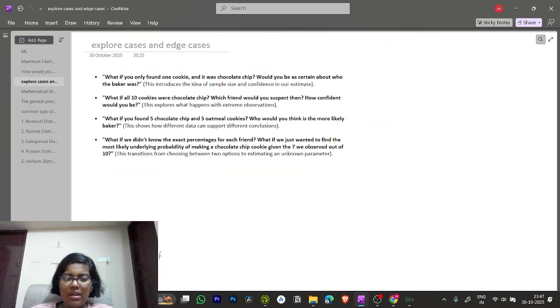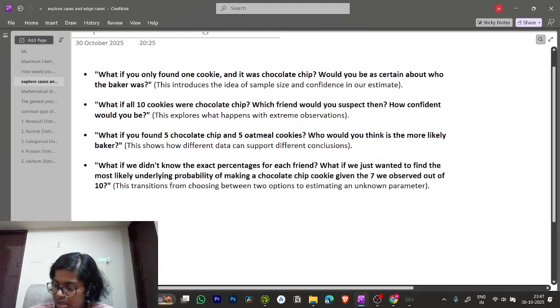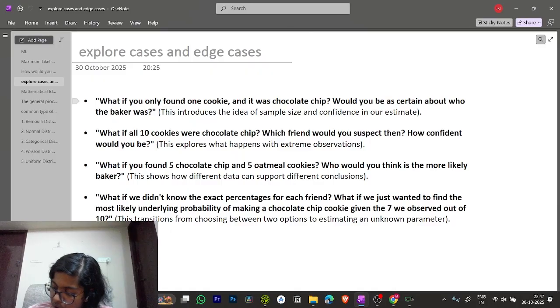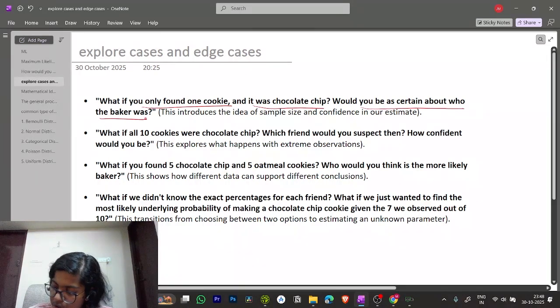These are the edge cases in our MLE problem. First case is you found one cookie. If you only found one cookie and it was a chocolate chip cookie, would you be certain about who the baker was?